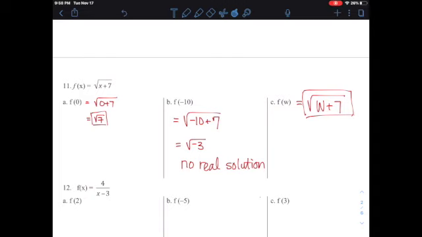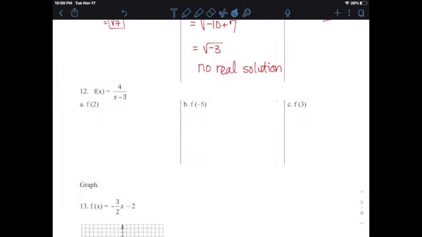Eventually, we're going to learn how to take care of it. And the next one, you have W. X is being replaced with a W. So you just pretty much put down square root of W plus 7. You are done. There's nothing more than that.